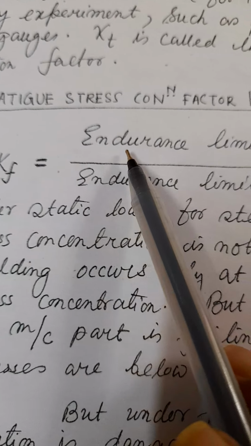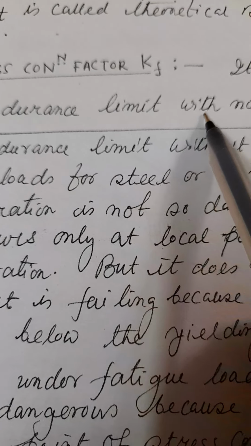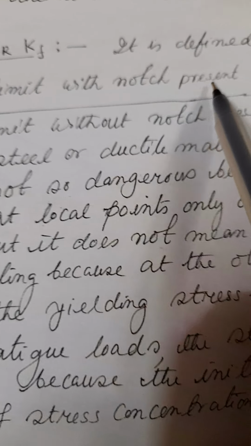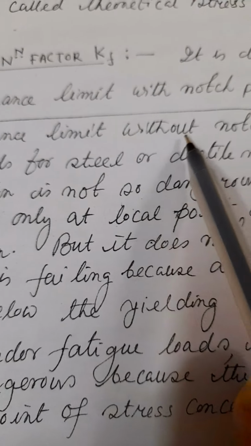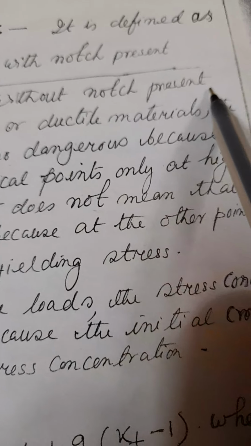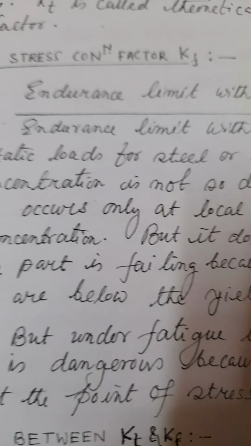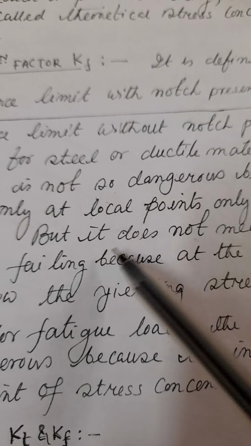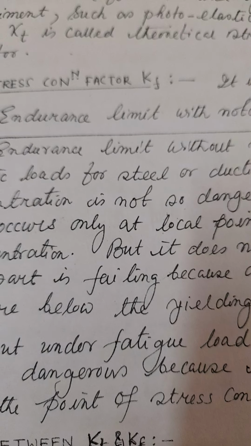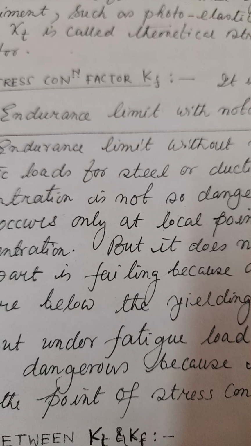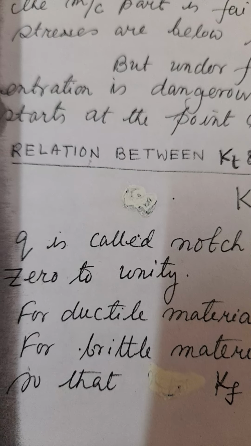So it is nothing but the ratio between the endurance limit with the notch present and the endurance limit without the notch present. Now this value is generally more than this.